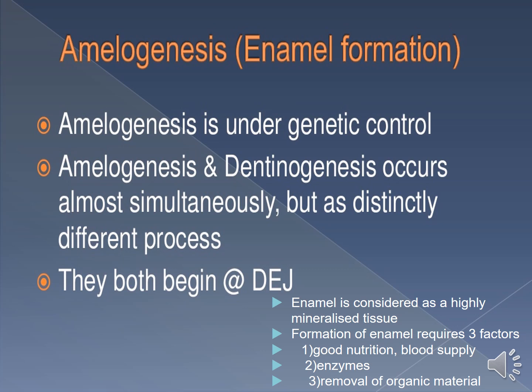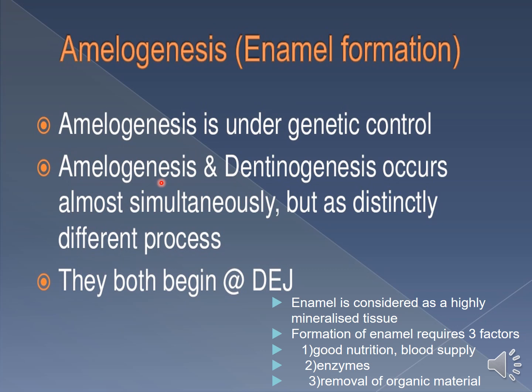This amelogenesis should be associated always with the dentinogenesis, because without the first layer of dentin formation, ameloblasts are never going to get stimulated. We call this effect as inductive effect.